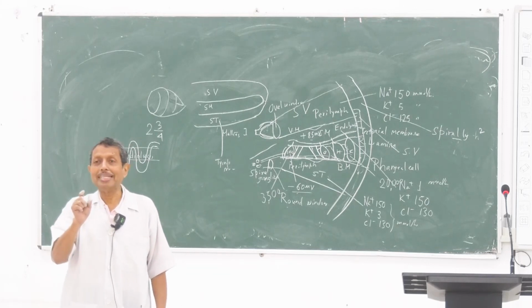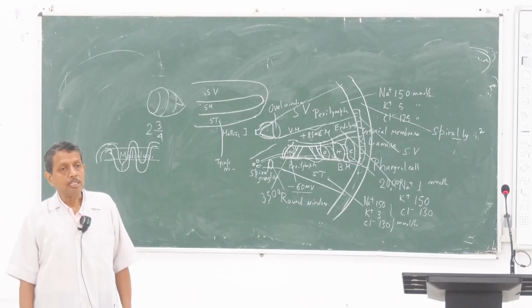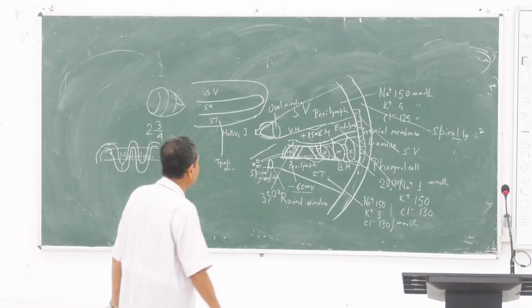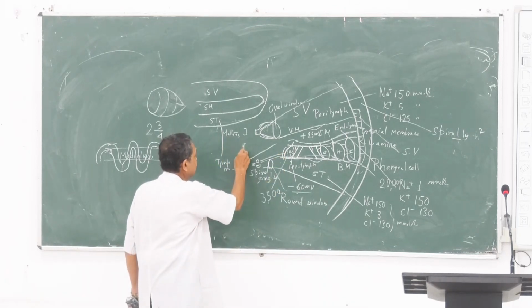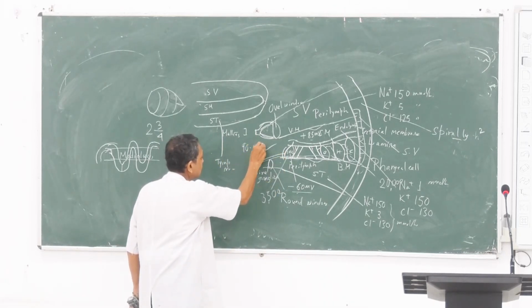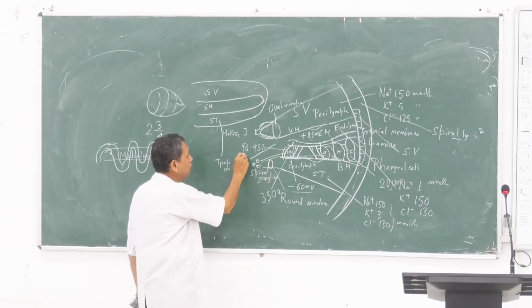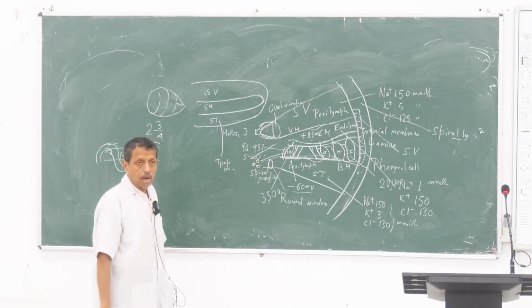Now, the functions of the inner hair cells. Inner hair cells are the primary auditory receptors. They receive 90 to 95% of the afferent fibers, while outer hair cells are more numerous.